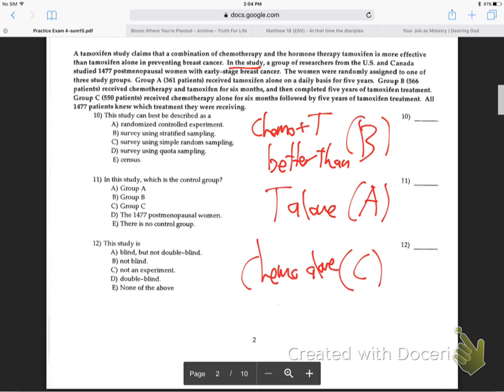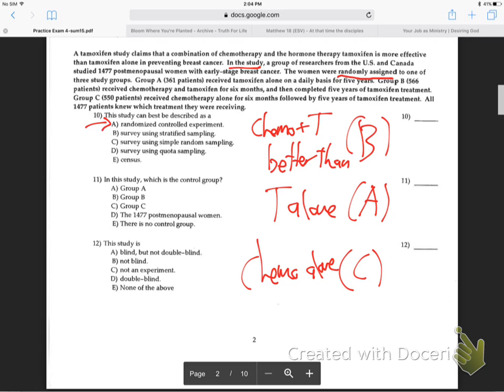Controlled means one's getting it, one's not. You have a way to compare. You're controlling the results. But wasn't it randomized? Did it say, yeah, randomly assigned. Yeah, right here. Randomly assigned. So that's a randomized, controlled experiment.